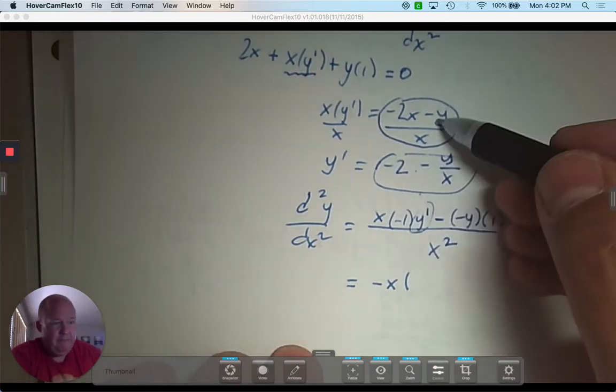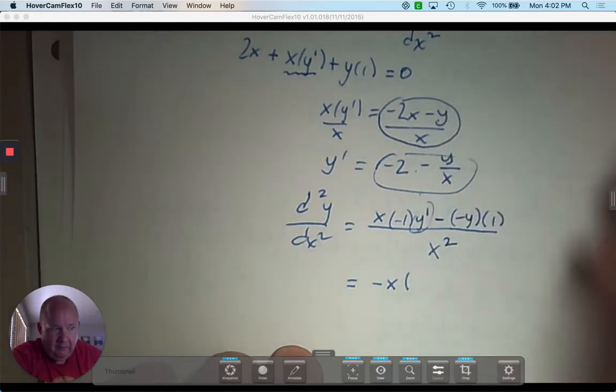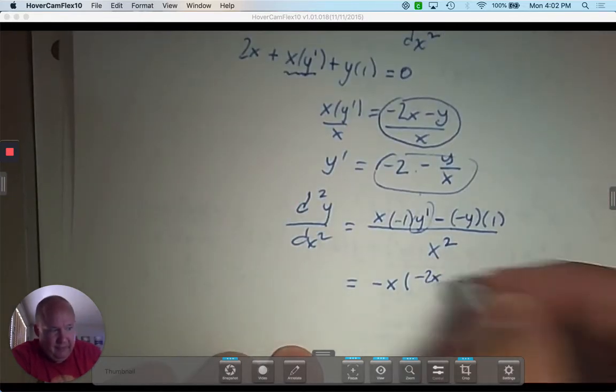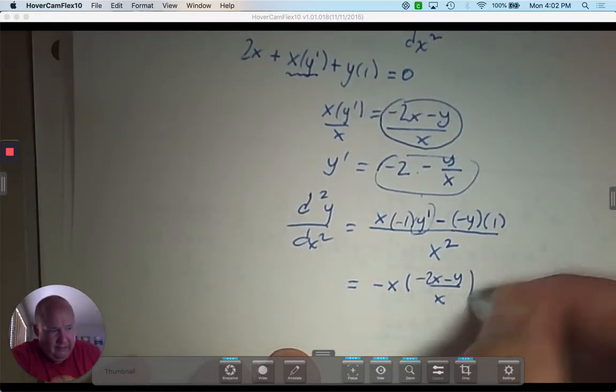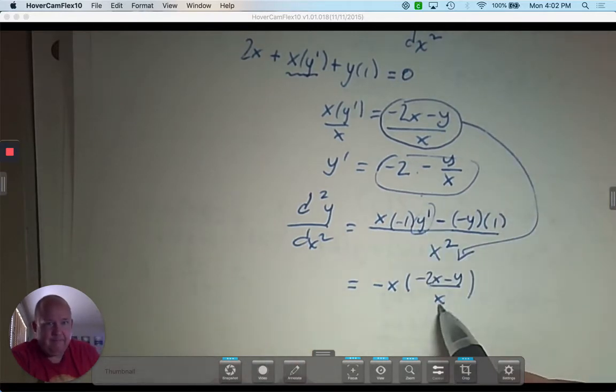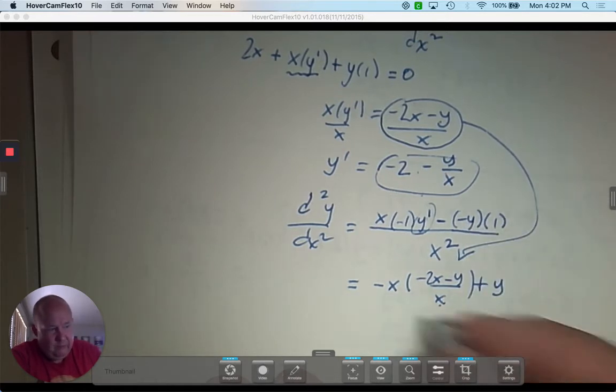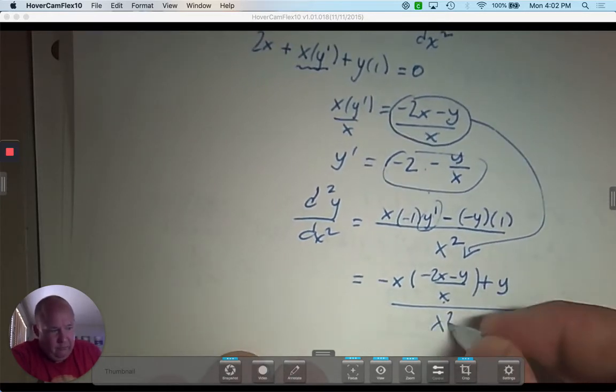With algebra it's going to be easier having that common denominator. So negative 2x minus y over x just got plugged in here for y prime. Then continue: a negative times a negative, y times 1, that's just y, and that's over x squared.